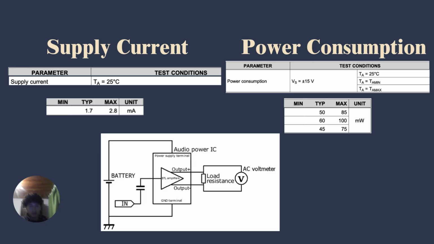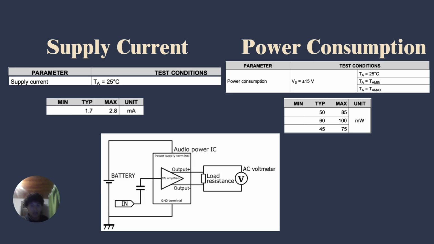Now the supply current. The supply current of an operational amplifier is the current drawn from the power supply to operate its internal circuitry. It varies depending on the op-amp type, supply voltage, and load conditions. BJT-based op-amps typically consume more current than CMOS or JFET-based op-amps, which are optimized for low power applications. Higher supply voltages and driving low impedance loads can increase current consumption, affecting power efficiency and thermal management.